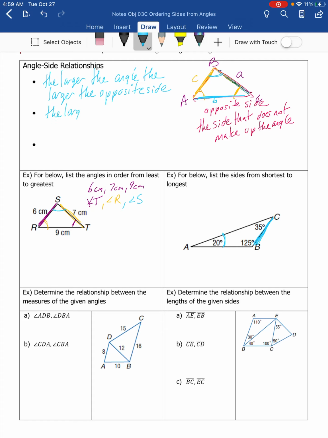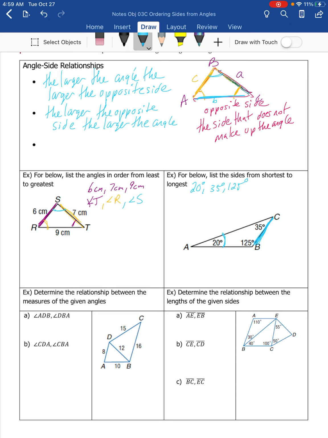This one right here is the larger the opposite side, the larger the angle. So what I would do if I were ordering the sides is I'd start with my 20-degree angle, and then I would go to my 35-degree angle, then I would go to my 125-degree angle.